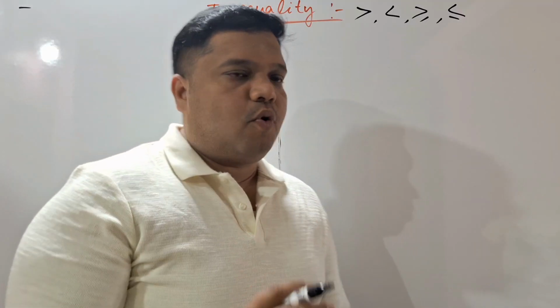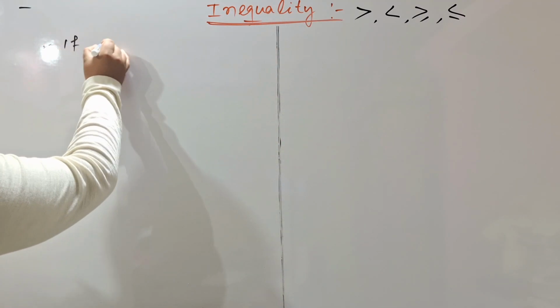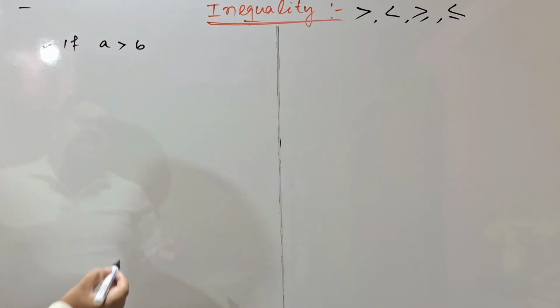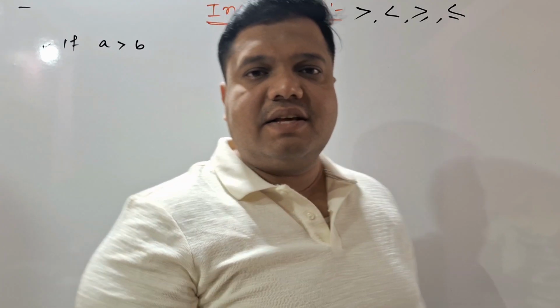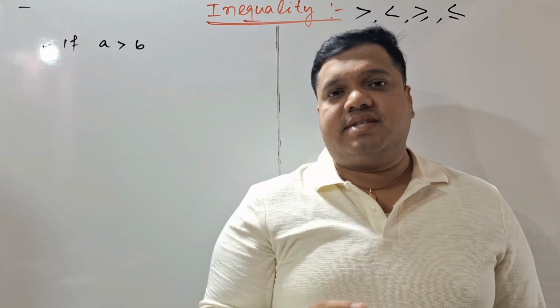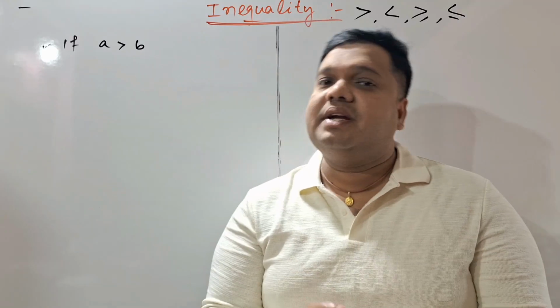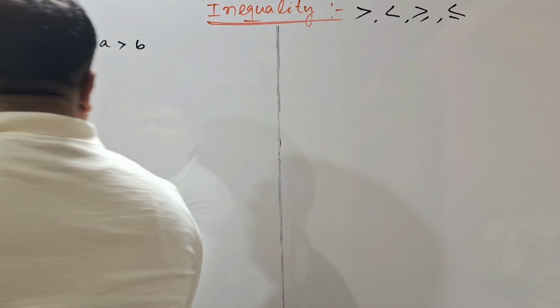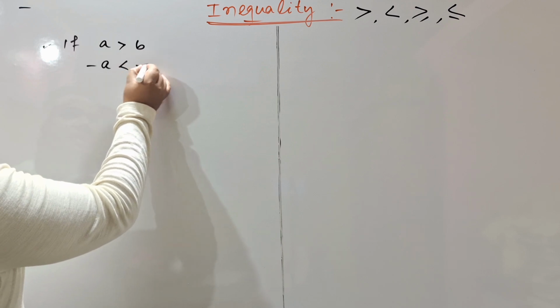So the first key point: if a is greater than b, and I multiply by a negative value, the inequality sign will change. This is the first important point. People get confused about when the inequality sign will change. Here if I multiply by a negative value, minus a is less than minus b.